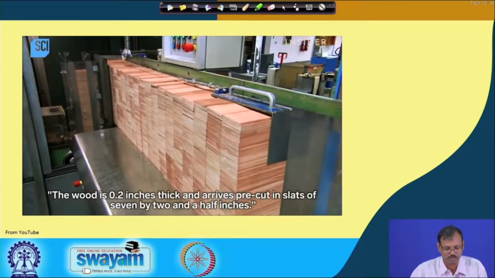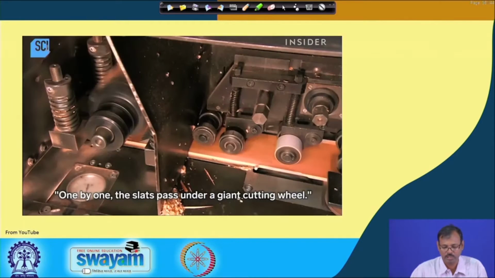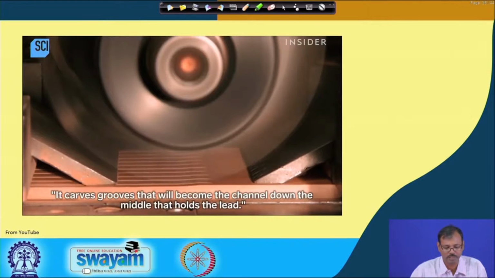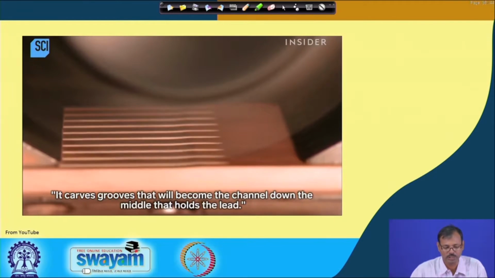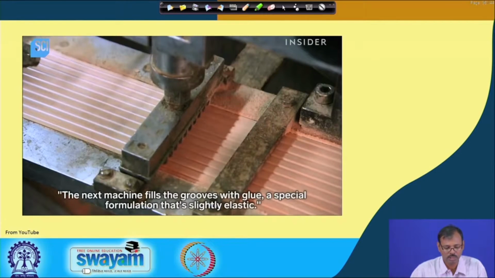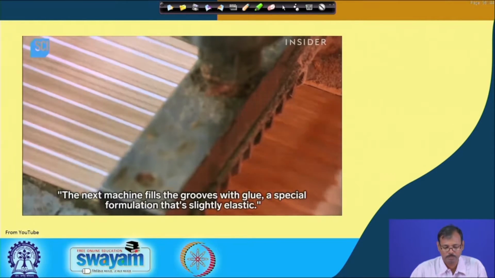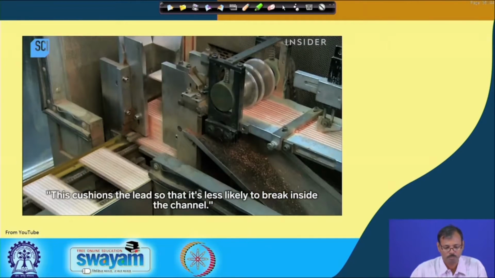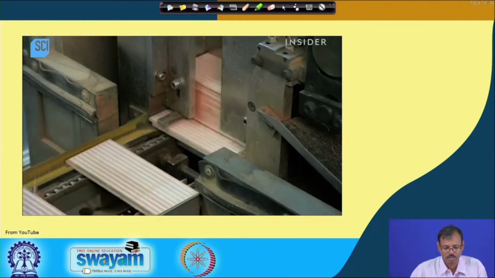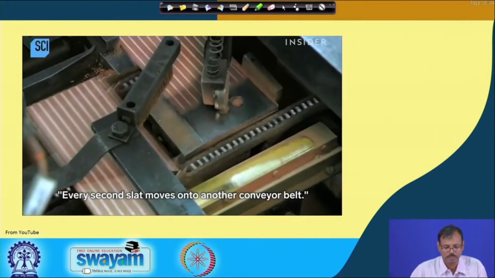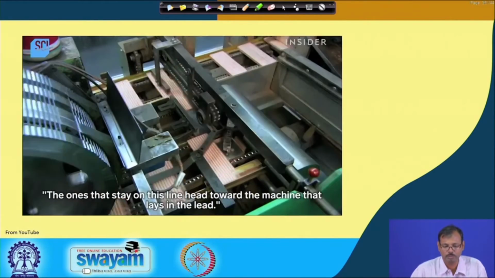You see 0.2 inch thick wood pieces are cut here. They are polished. Then the grooves are made into that wood piece. Then the glue is filled into those grooves. After placing the glue, the leads which are already manufactured will be placed on that.